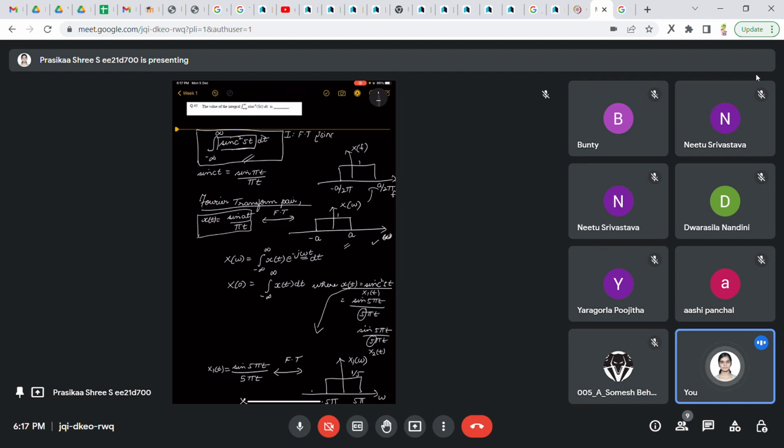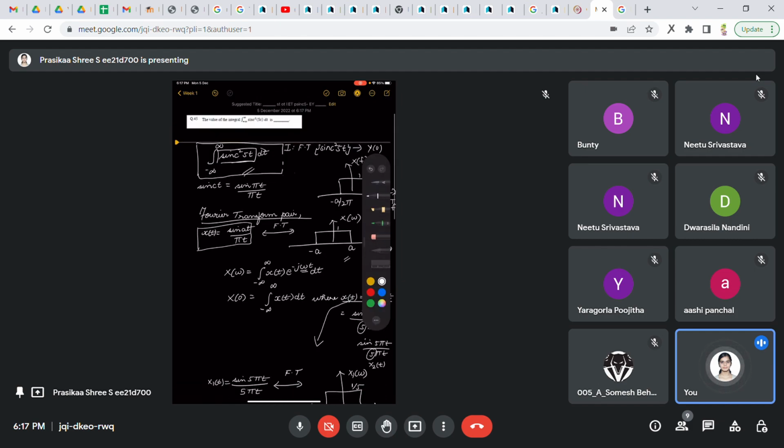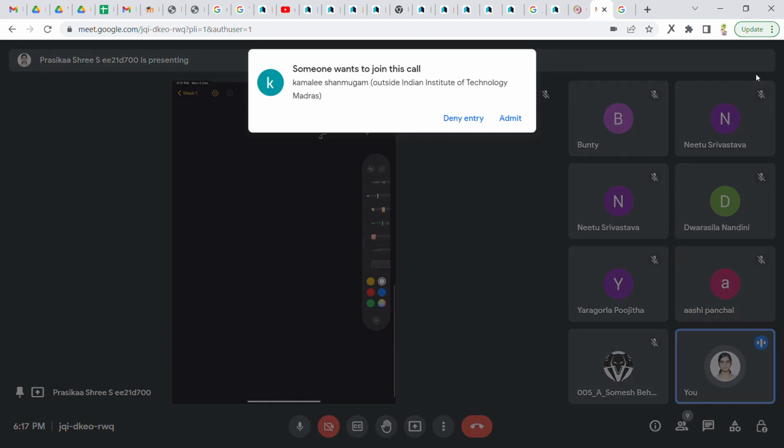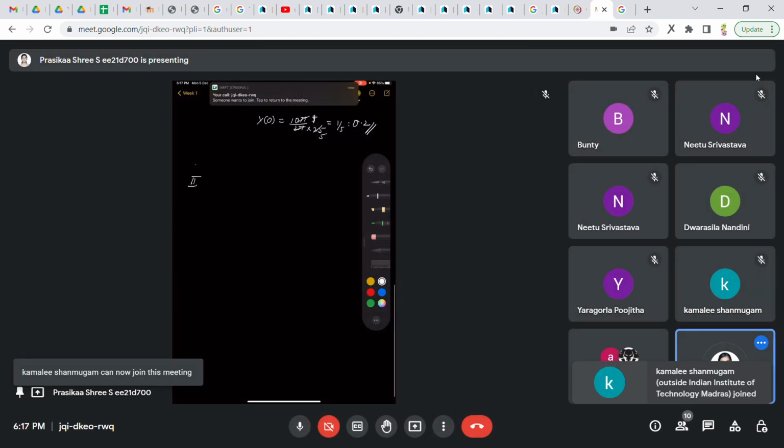The second method can also be done like this. You can take the Fourier transform of sinc 5t. I'll write it. I'm writing the second method here. This is one more method which you can follow.